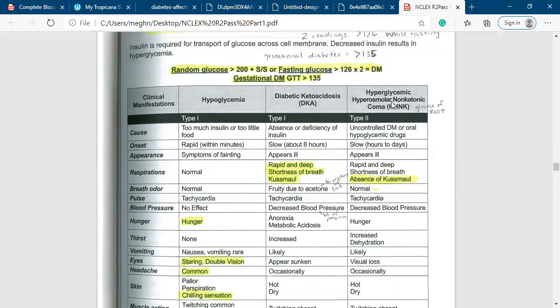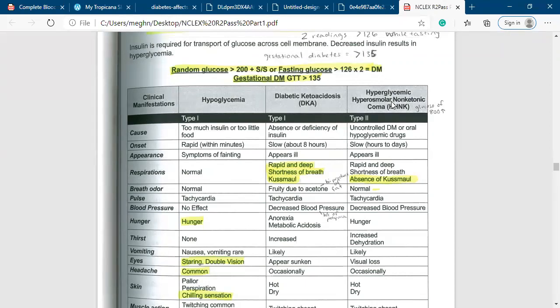So I said we have to check the urine to see the ketone bodies. Ketone bodies, they are a byproduct in metabolism.